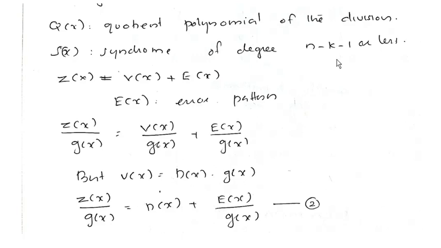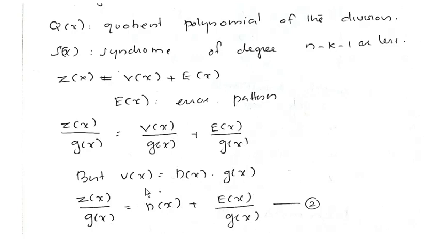Now if the syndrome is not equal to 0, then the received code vector has some errors. The received code vector is the transmitted code vector plus error. So we can replace z of x by g of x and write it as v of x plus e of x all divided by g of x, which means v of x by g of x plus e of x by g of x.